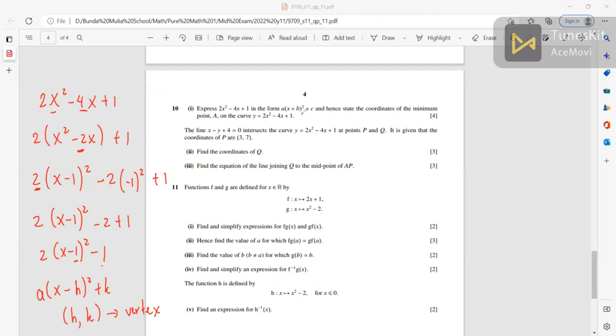So the answer is (1, minus 1). That's for the first one.